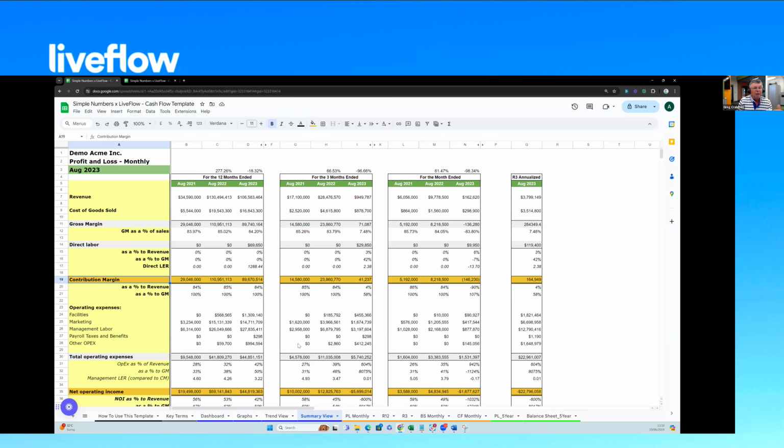You'll see on line 17, direct LER. LER stands for labor efficiency ratio. We're looking at gross margin relative to direct labor. Now, this model did not make a distinction. Like I said, we'll get some better sample examples as we get into the detail, but you're trying to look at gross margin relative to direct labor for direct LER. Management LER, which you see down on line 33, is contribution margin as the numerator divided by management labor.